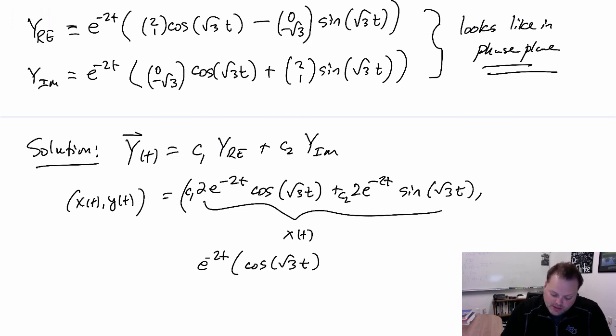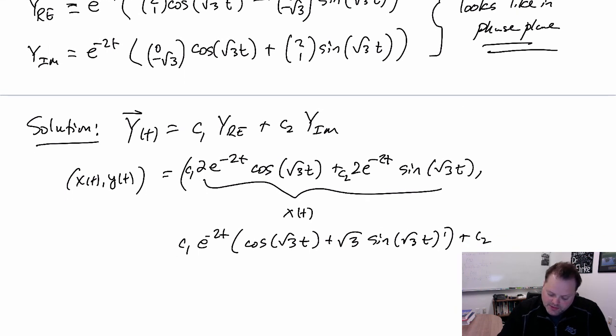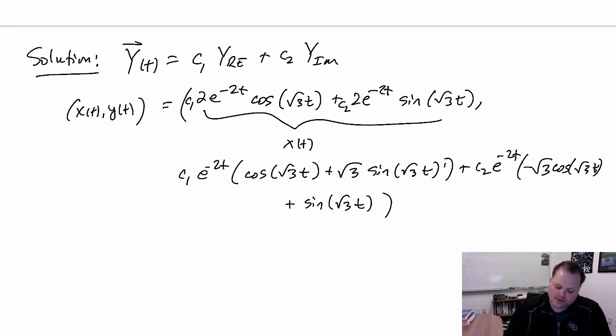Here it would be C1 times this piece, plus C2 times that bottom piece. You see how these can get quite messy. And so that would be the solution in this case.